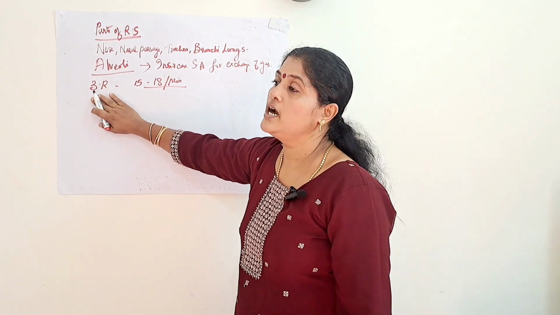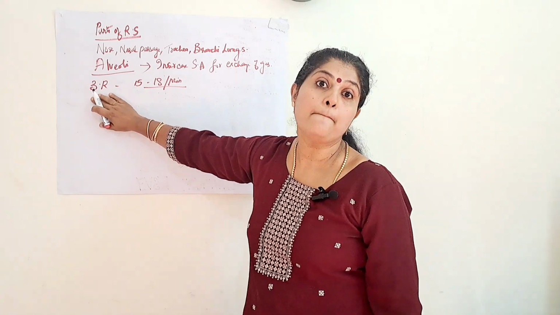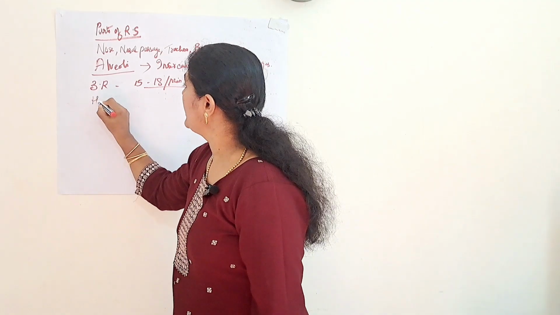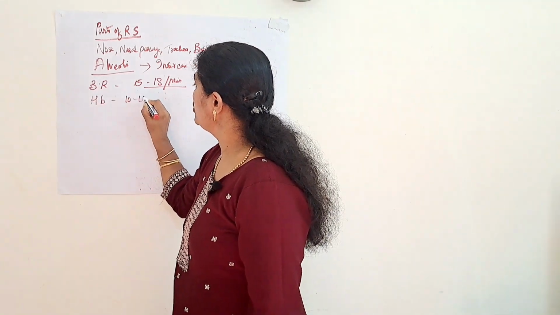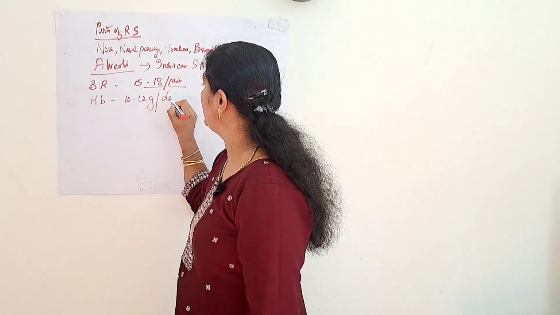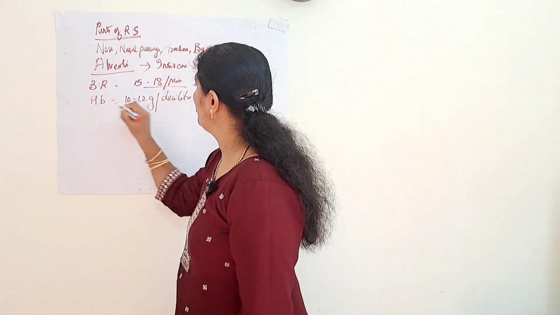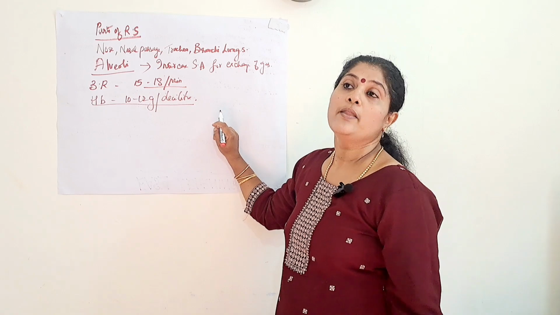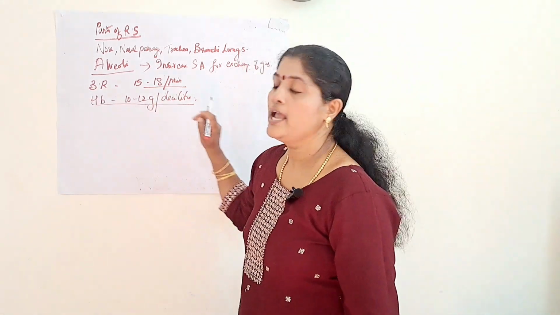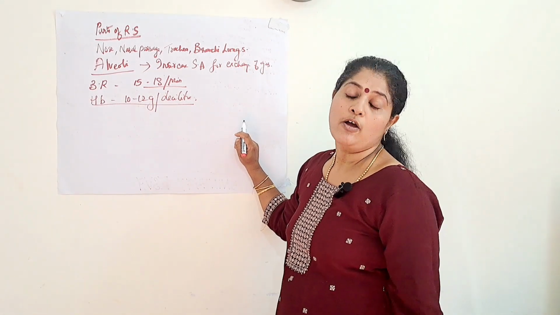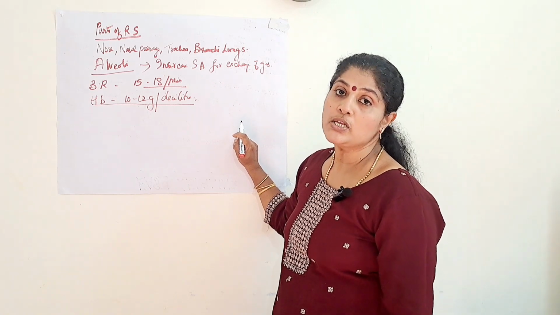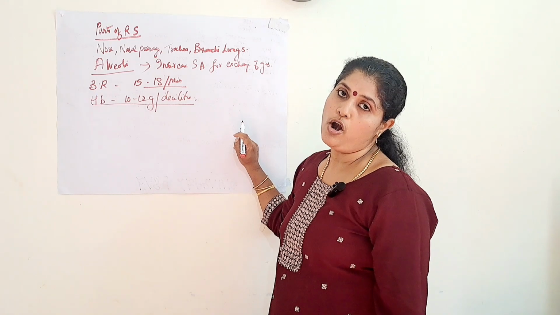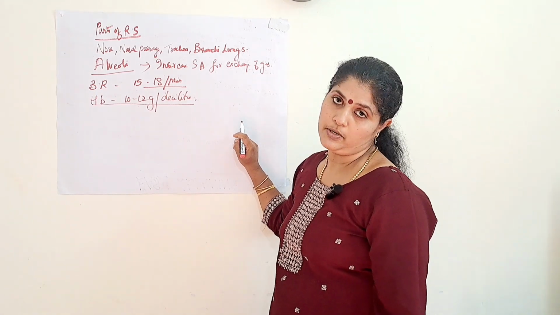It is nearly 10 to 12 grams per deciliter of blood. Otherwise, it may result in hemoglobin deficiency. That person's oxygen carrying capacity will be reduced, and it may result in weakness, tiredness, anemia and so on.